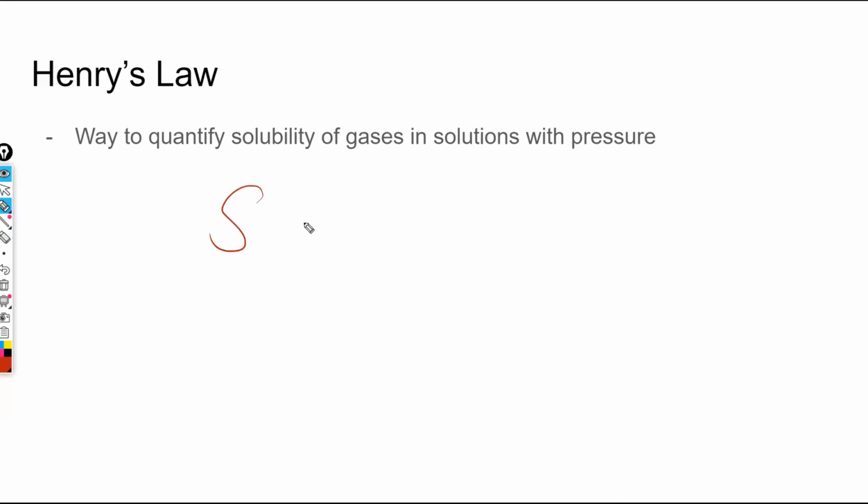If we look at S as the solubility of a gas, that's going to be equal to KH. And KH is just a constant. That is basically the gas and temperature specific constant. So KH equals the gas, and I'll abbreviate temperature temp, specific constant.